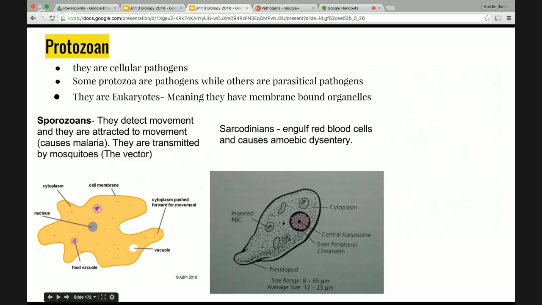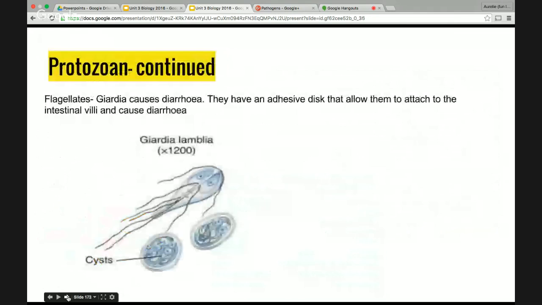And what that one does is it basically eats red blood cells and makes you really sick. Over here you have one that's got flagella, so it can actually move and make its way up your digestive system. It's got an adhesive disc that allows it to attach to the intestinal villi and cause diarrhea. They're pretty nasty. That is still a protozoan.